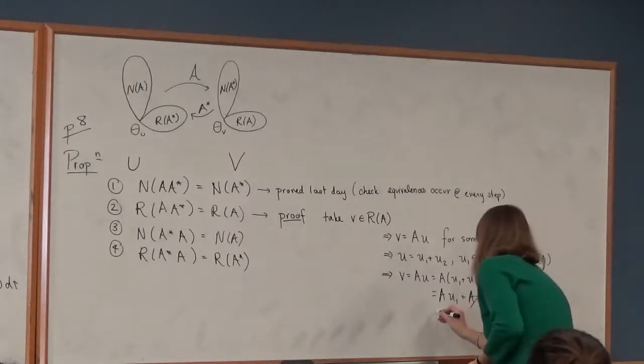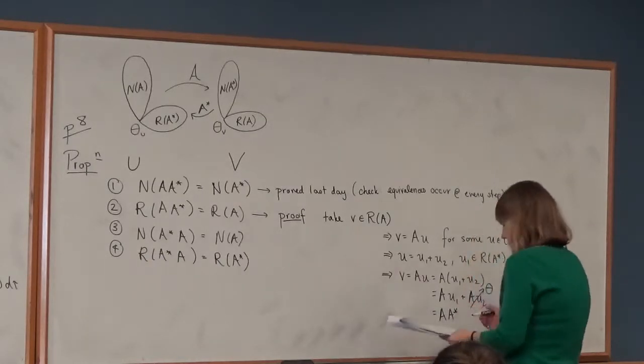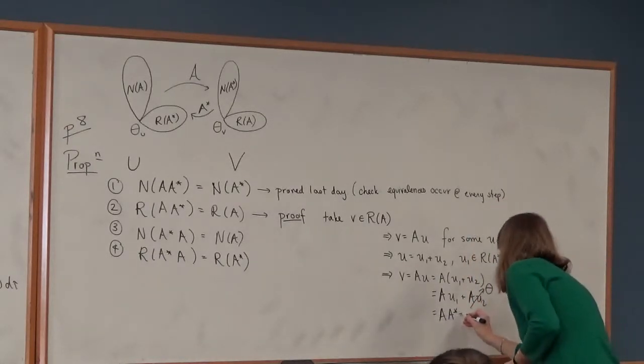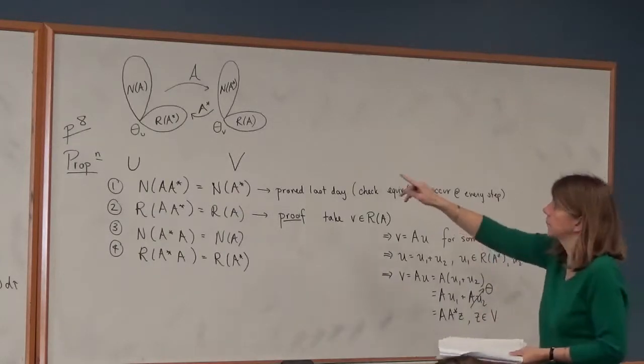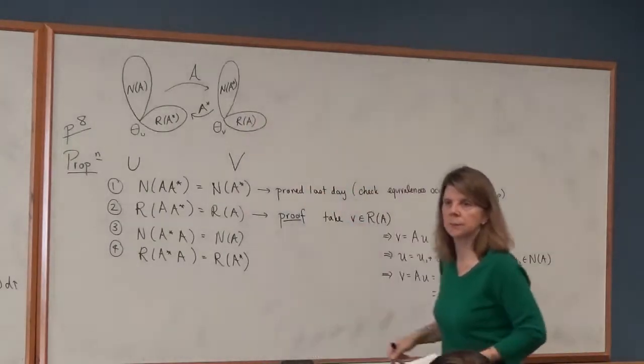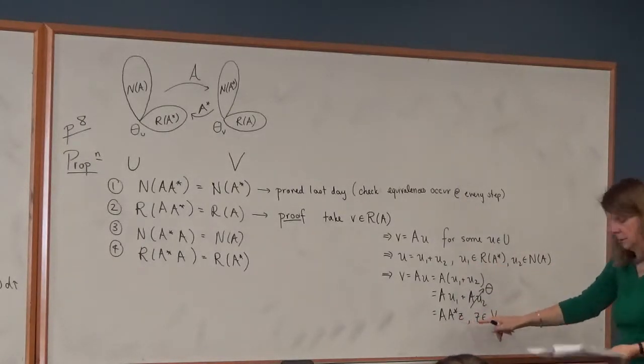But U1 is in the range of A star, so I can write U1 as A star times some other vector Z, where Z is a vector coming from the space V, just by the fact that U1 is in the range of A star.